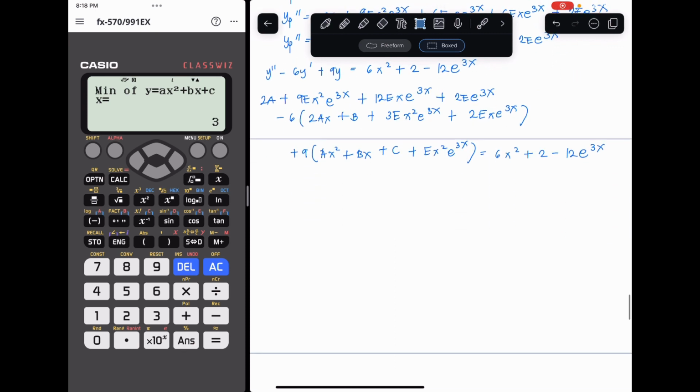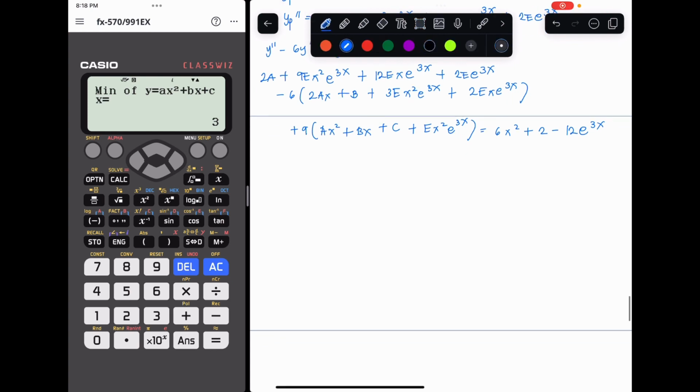As we simplify the given term, that will give us 2a plus 9e x squared e raised to 3x plus 12e x e raised to 3x, plus 2e e raised to 3x.